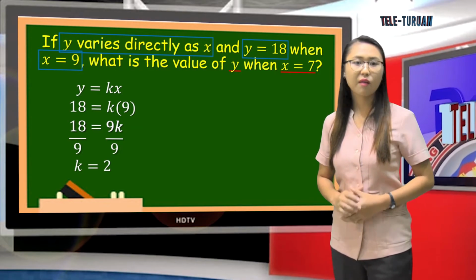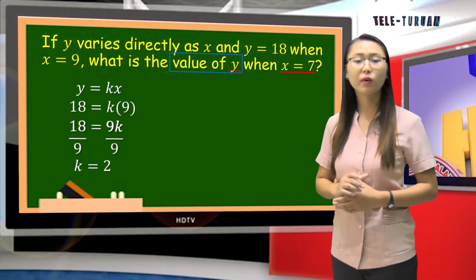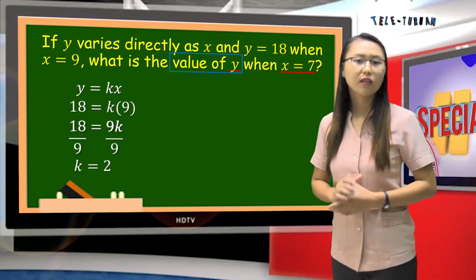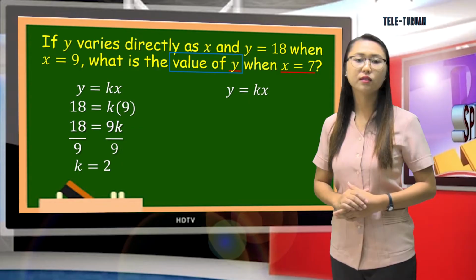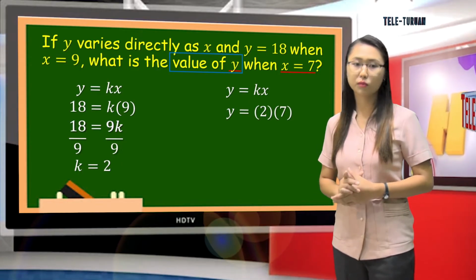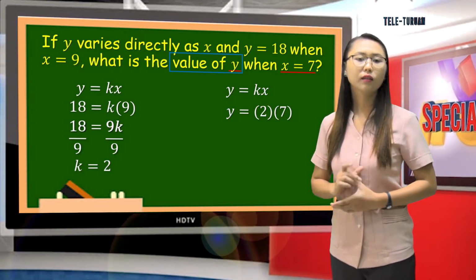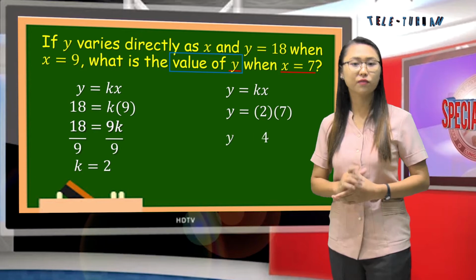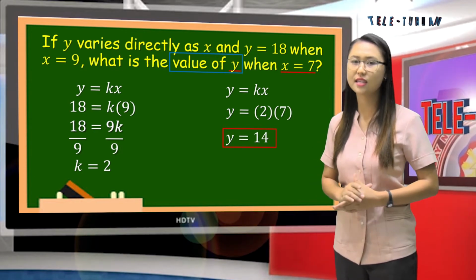This 2 is not our final answer because we are asked to find the value of y when x is 7. To solve for y, we will use the equation y is equal to kx. We will substitute the value of k, which is 2, and the second value of x, which is 7. 2 multiplied by 7 is 14. Therefore, the value of y is 14 when x is 7.